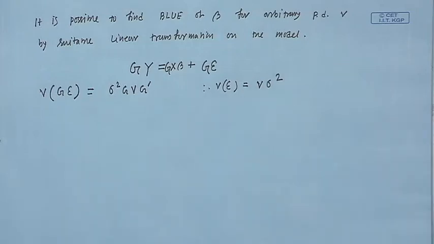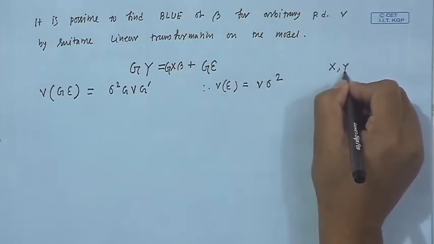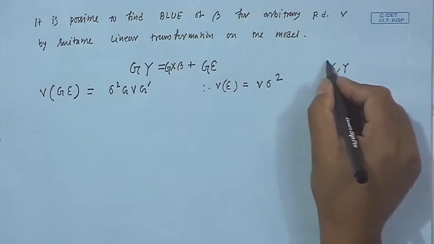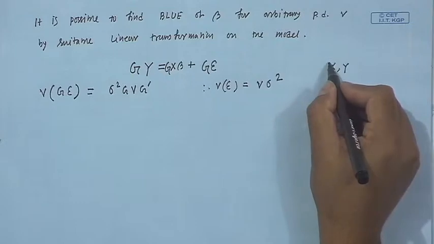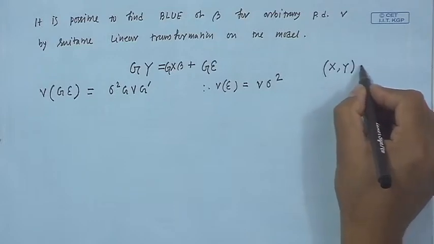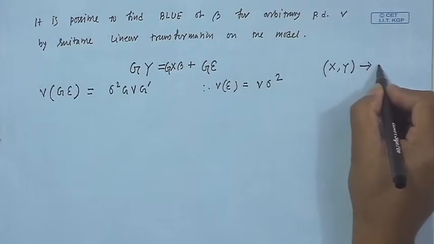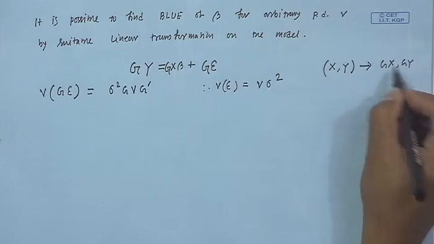So, what we are doing here is that you are given the data X, y. So, the given data does not satisfy the model assumption, it has non-constant variance, and then we transform this data to GX, Gy.